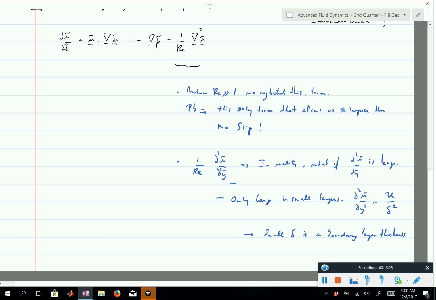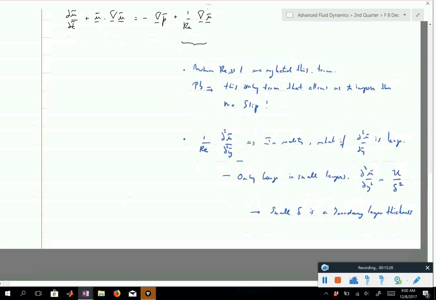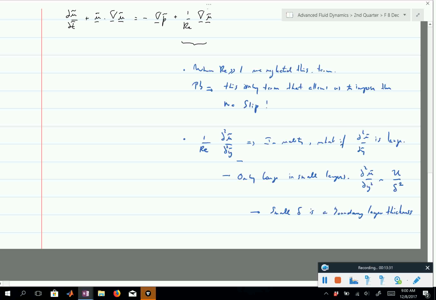So the effect of viscosity, if the Reynolds number is large, is limited to a short layer on top of your no-slip boundary. Okay? Is that discussion clear? This is just to introduce the idea of boundary layers and where the effect of viscosity is going to be important.